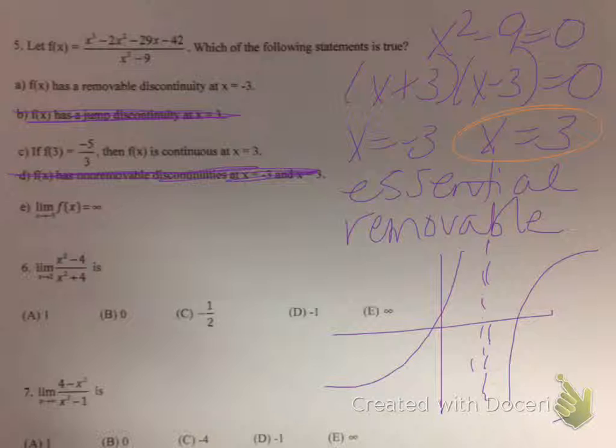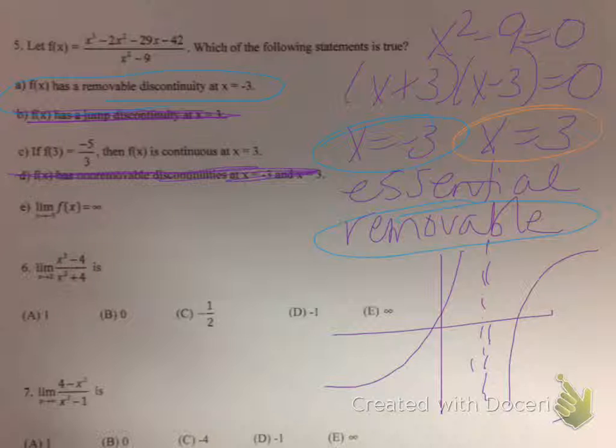If you look at all these choices, though, that's not a choice. However, whatever happened to when x equals negative 3? At x equals negative 3, you can see on the graph that there's no asymptote there. That means it has to be a removable discontinuity. So that means that A was the answer.